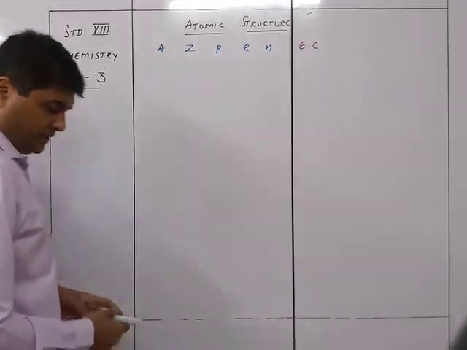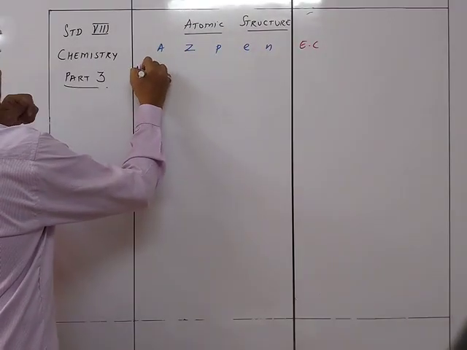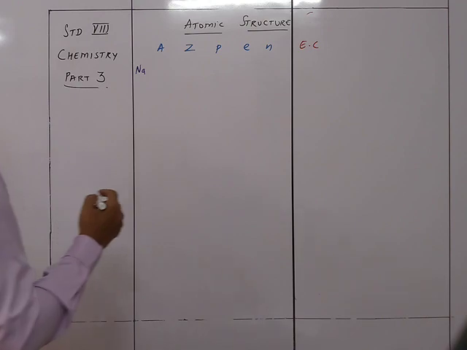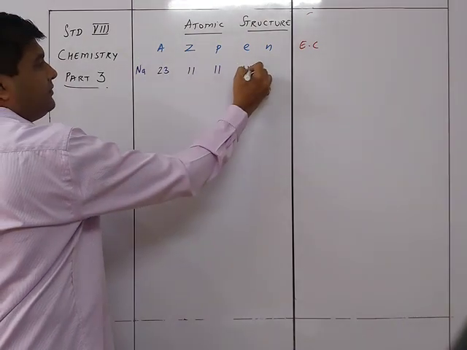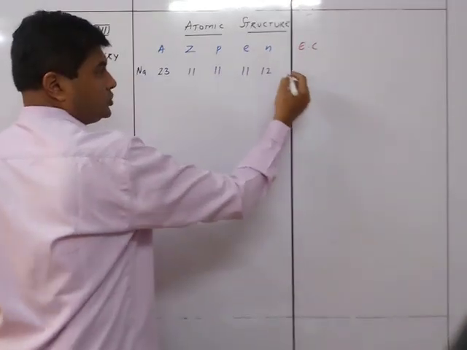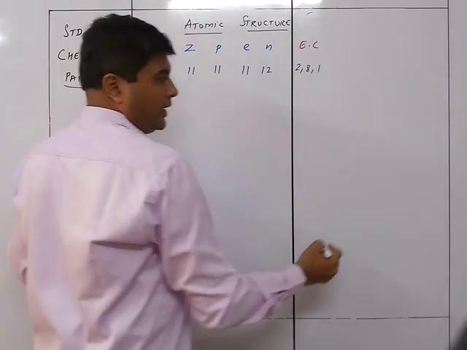So now we have the 11th one, that is sodium. Sodium is 23, 11, so it is 11, 11, 12. So the electronic configuration will be 2, 8 and then 1. How will it be placed?